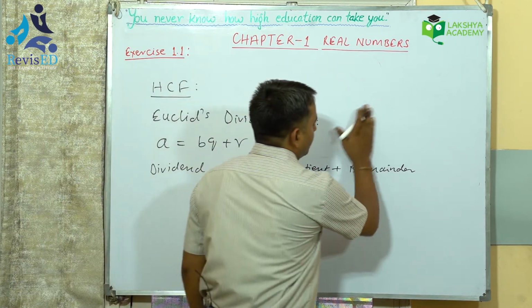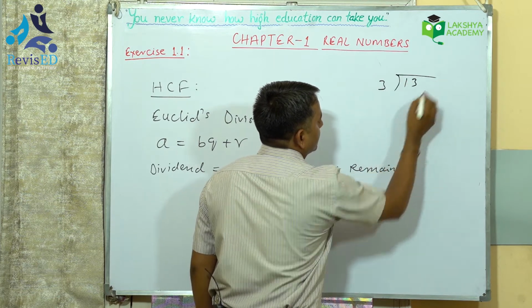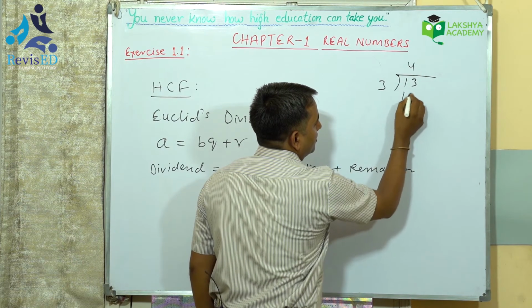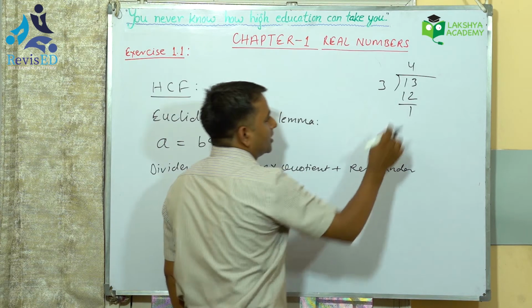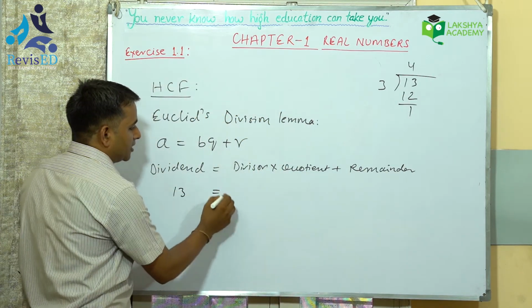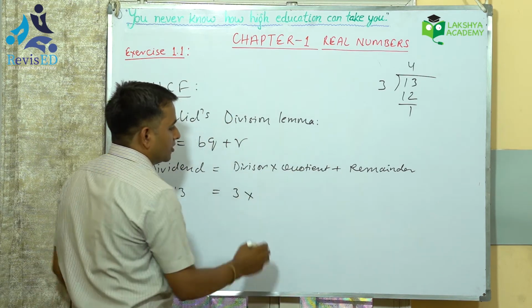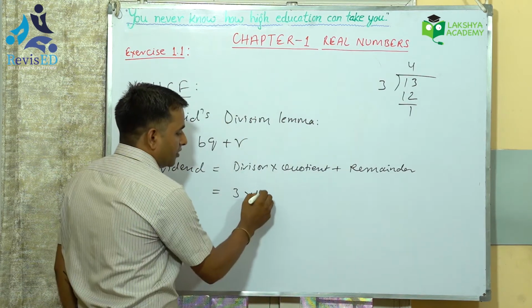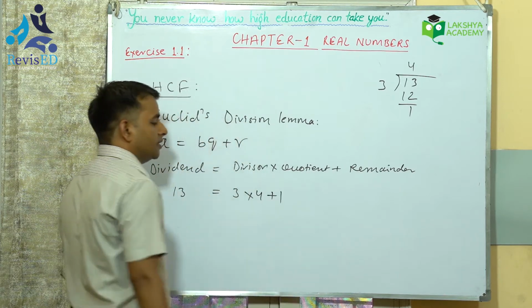Suppose, for example, we take a small example like 13 divided by 3. How do we divide it? 3 fours are 12, remainder is 1. So how do we write it? 13 is the dividend, so we write 13 equals, the divisor is 3, into quotient 4, plus remainder 1.